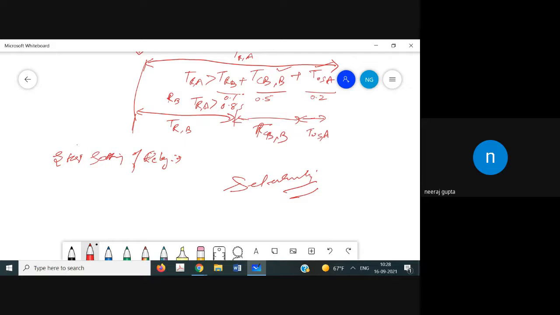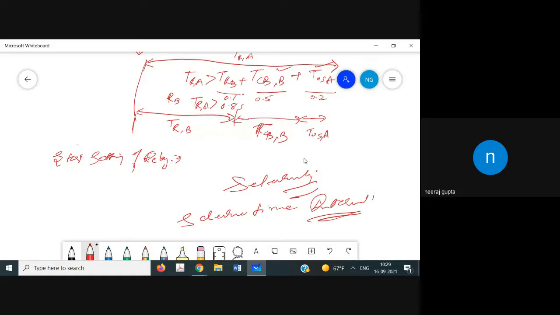This time interval between A and B is known as the selective time interval.